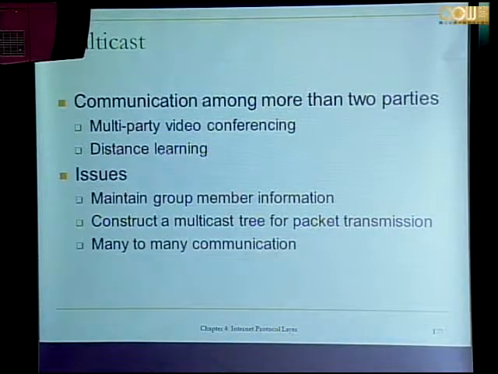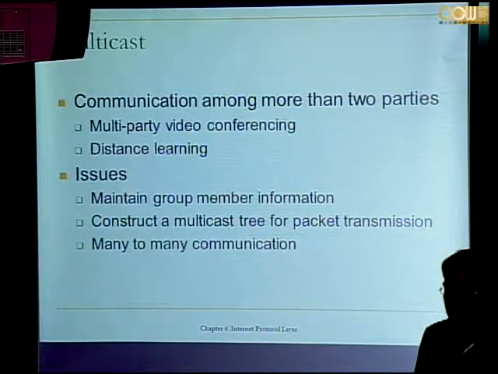And so by definition, multicast is to communicate among more than two parties. So multi-party, it could be multi-party conferencing, distance learning, or watching a live TV program. And the issue is how to maintain the group membership. We will use Class D IP addresses.